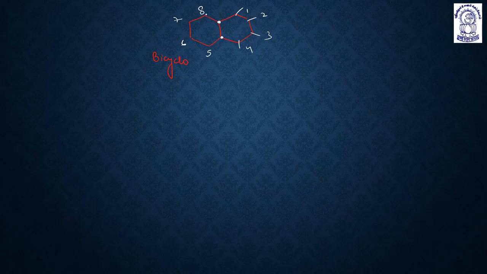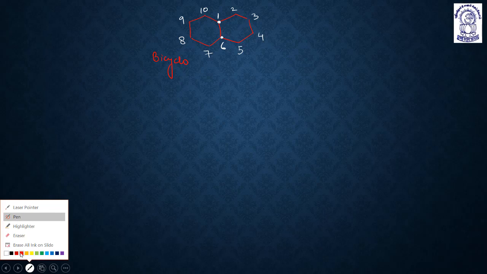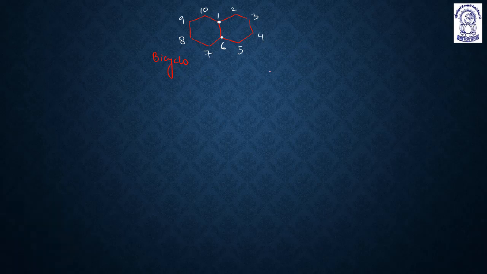I'll repeat the numbering once again: 1, 2, 3, 4, 5, 6, 7, 8, 9, 10. So the total number of carbons is 10, so it comes to be decane. The name will end with the parent hydrocarbon name, that is decane.